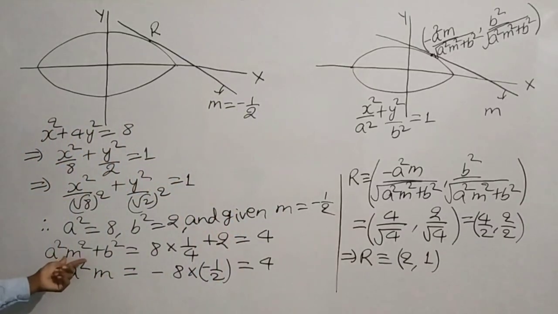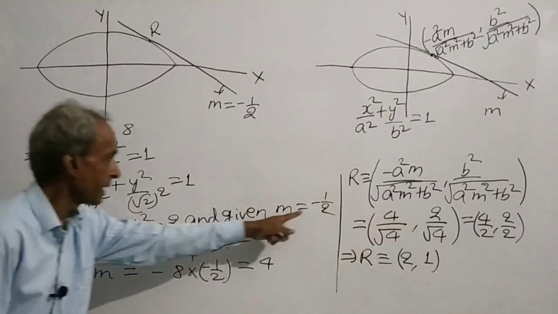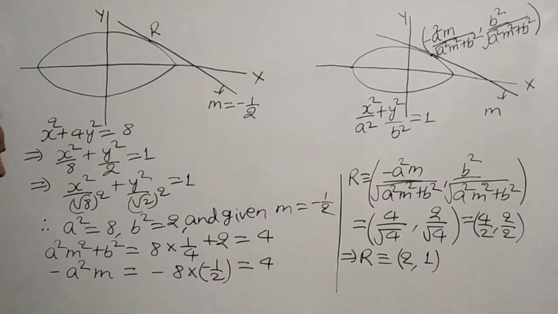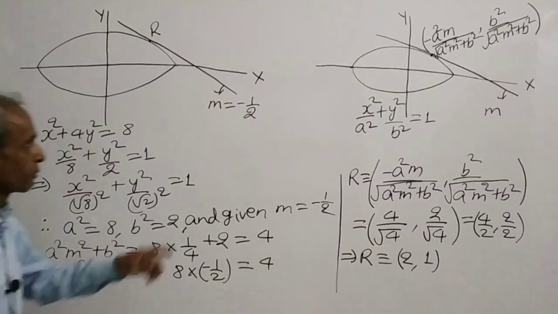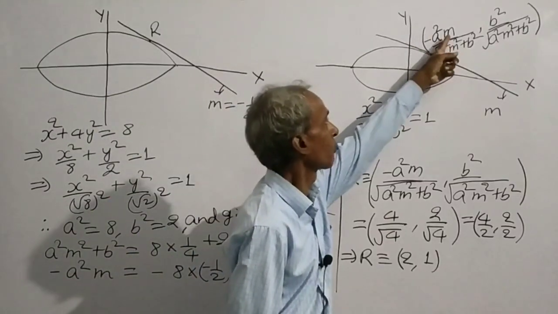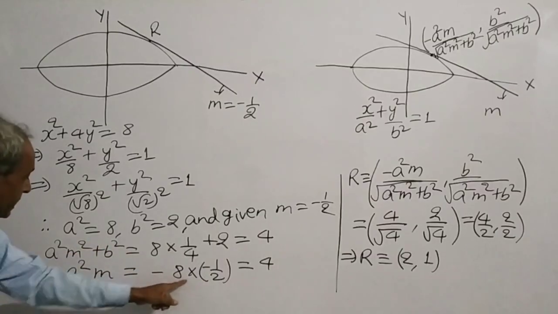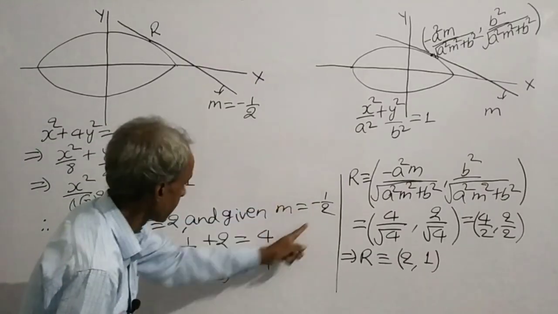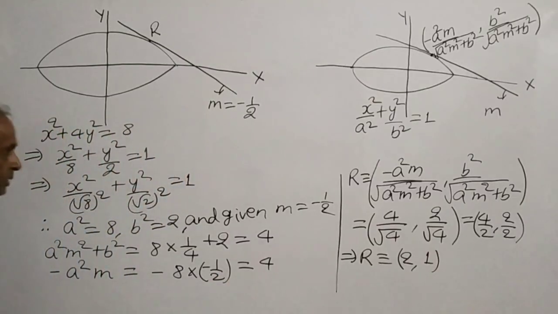First we find value of a square m square plus b square. a square is 8 times m square, minus 1 by 2 square, 1 by 4, plus b square means 2. This is equal to 4. Now we find minus a square m. Minus a square means 8 times m means minus 1 by 2. This is equal to 4.